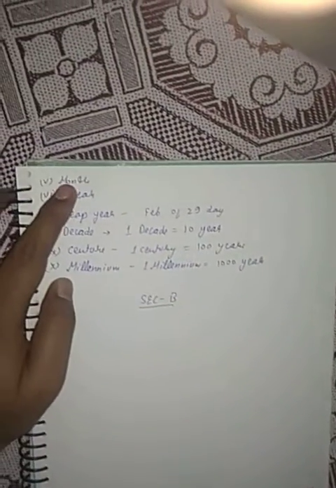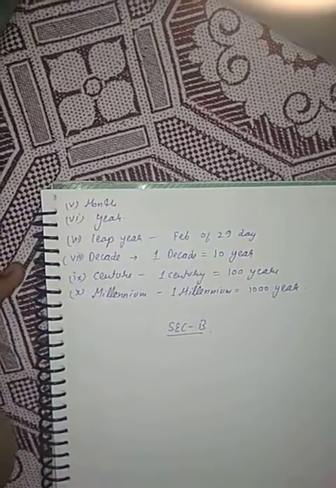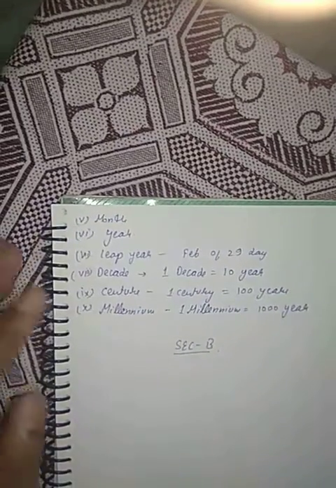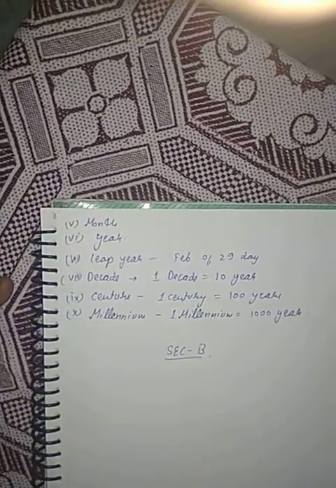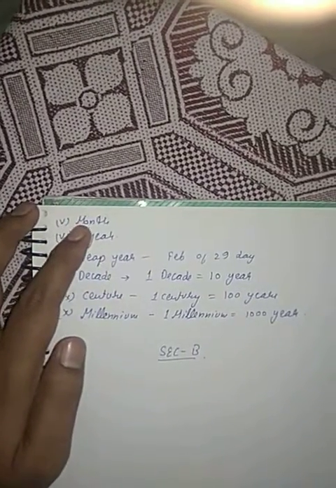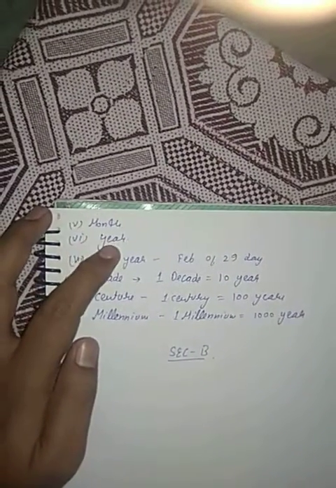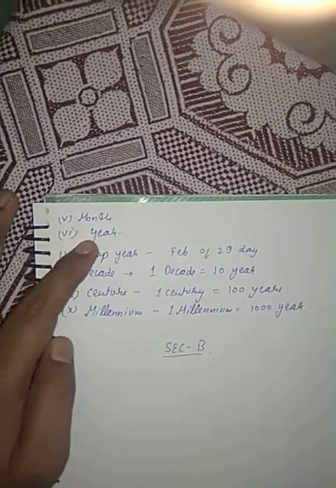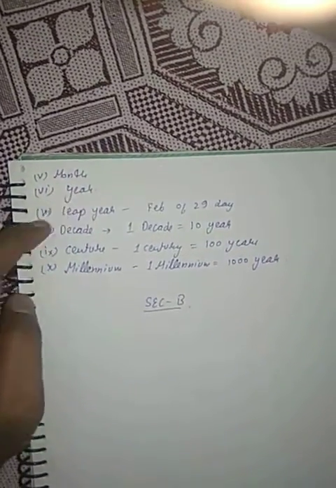Next is common month. See, in 1 day you have calculated the seconds. Month, whatever be the days, whether it is 30 or 31 days. Year: in the same way, when you have calculated the time in seconds of 1 month, then in a year there are 12 months multiplied by that.